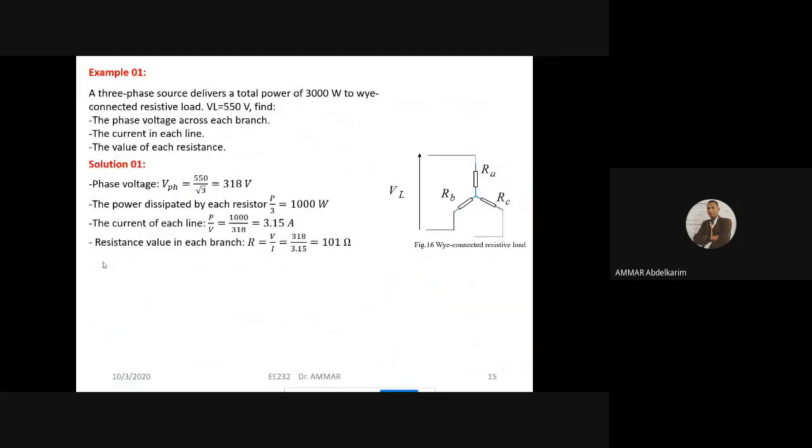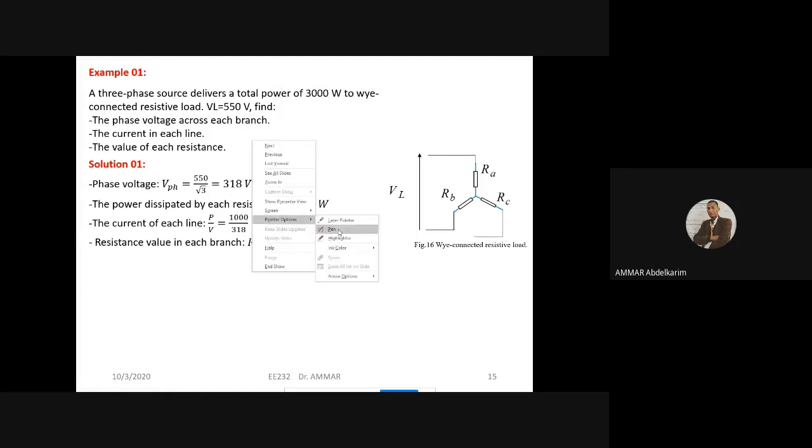So example number 1: a three-phase source delivers a power of 3000 watts, or 3 kilowatts, to a Y-connected resistive load, where the voltage is 550. Find the phase voltage across each branch, the current in each line, and the value of each resistance.